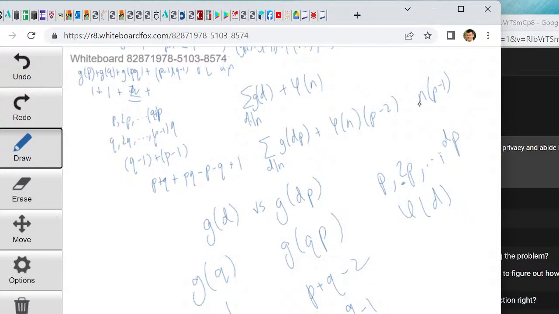That's all the extra multiples of q. But now you have to remove the, this is a phi of p.